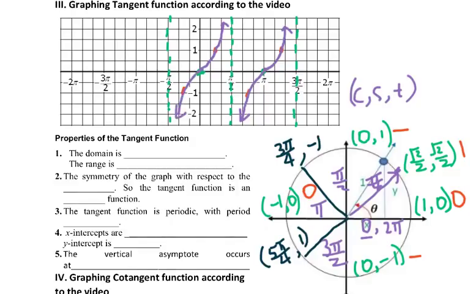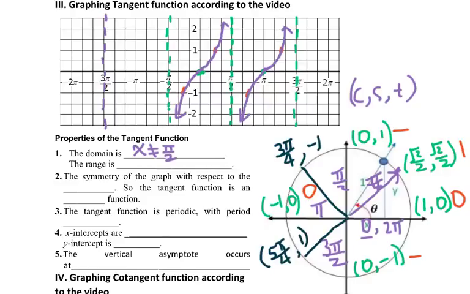You can predict the pattern when you have pi over 4, then -pi over 4, 3 pi over 4, -3 pi over 4. Those will be asymptote lines. So for the domain, you will write down x not equal to pi over 2.